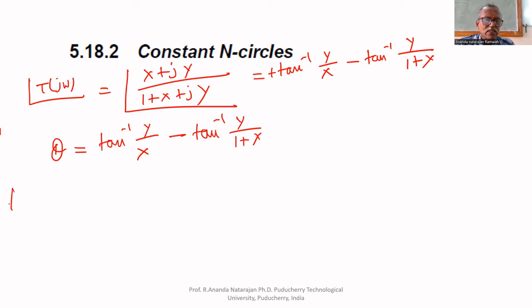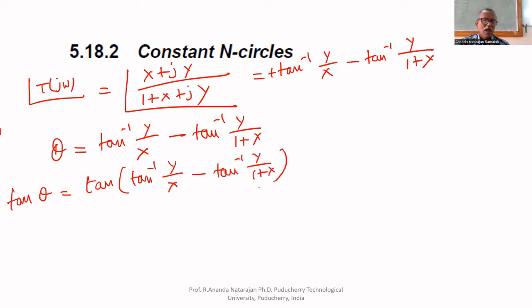Take tan on both sides. Tan theta equals tan of tan inverse of y by x minus tan inverse of y by 1 plus x.